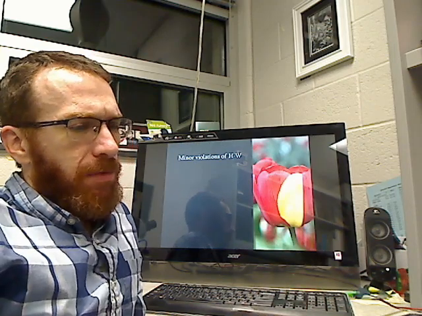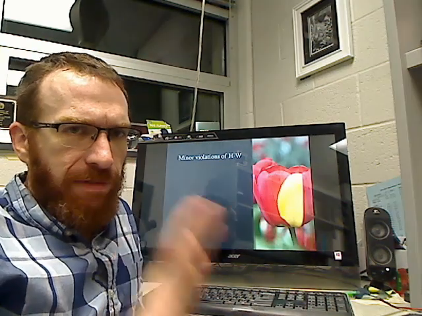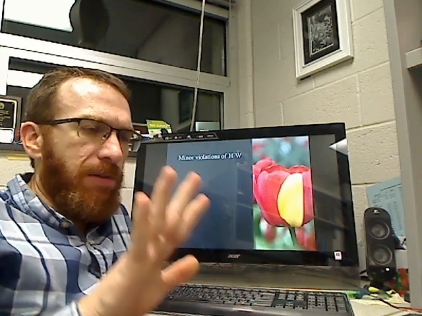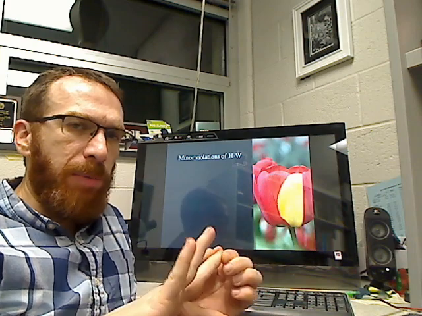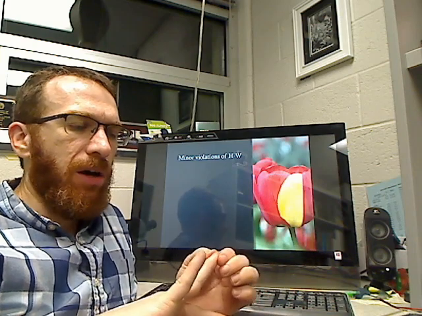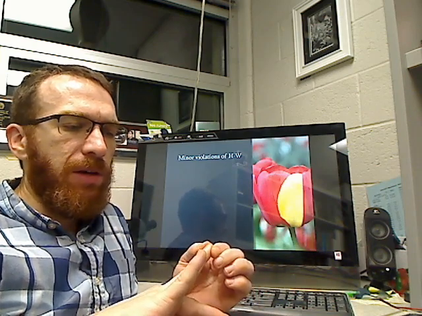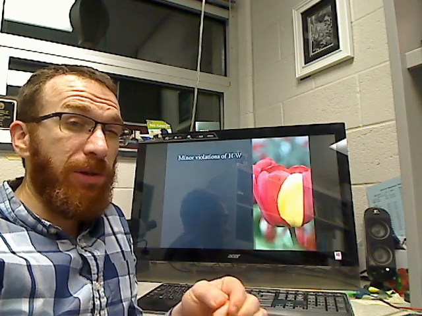So for Hardy-Weinberg, we said it has to meet 5 conditions, right? It has to meet no mutation, random mating, the population has to be very large, there has to be no migration, and there has to be no natural selection.